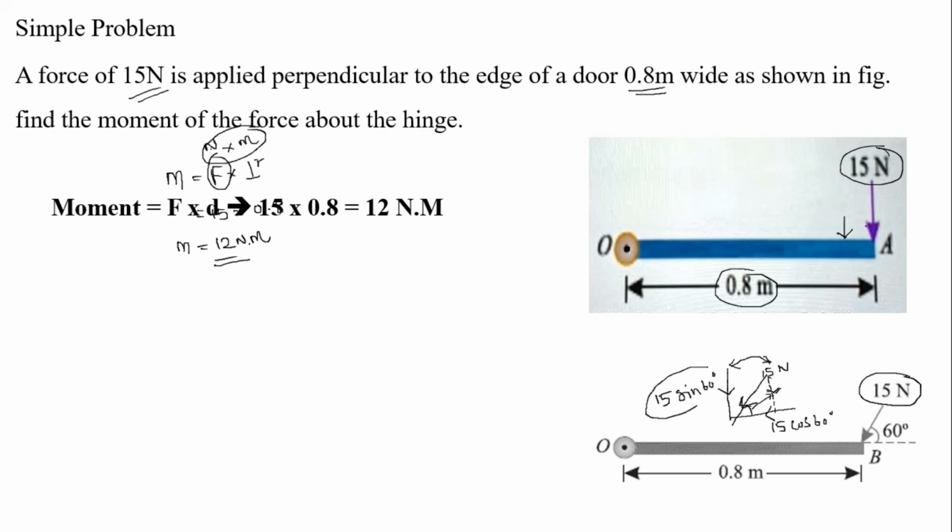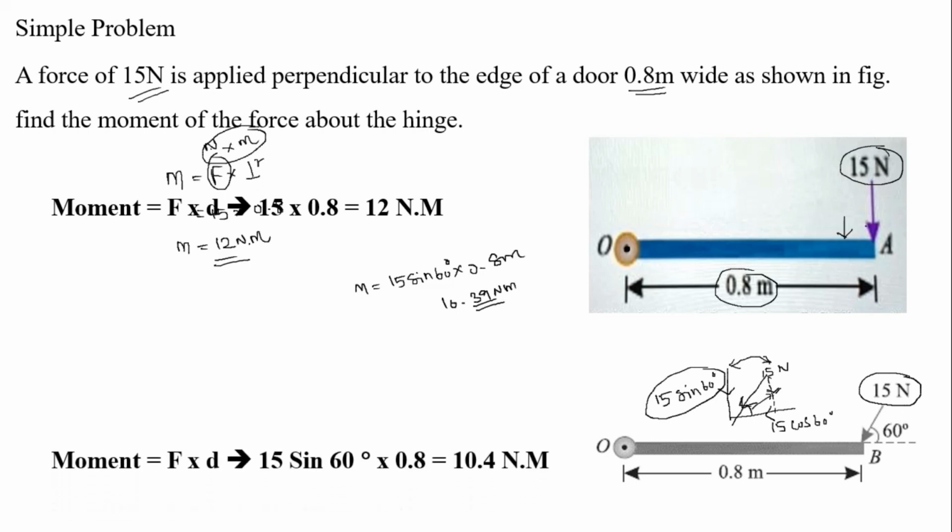Now, moment is force into perpendicular distance: 15 sin 60 degrees into 0.8 meter. What is the value? 15 into sin 60 into 0.8 is equal to 10.39, approximately 10.4 Newton meter. Clear? Right?